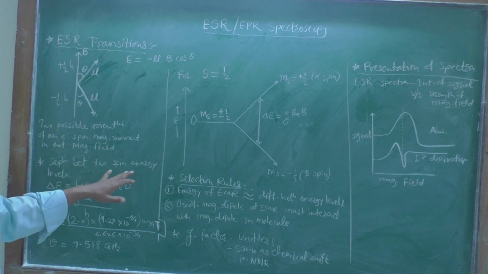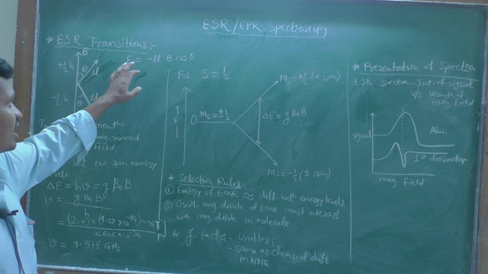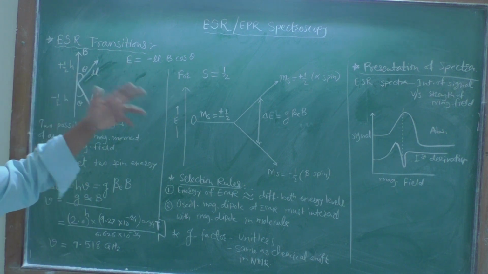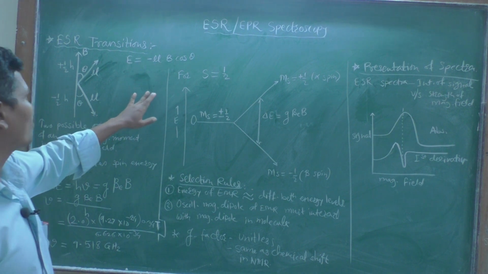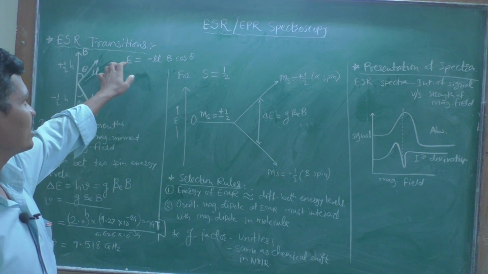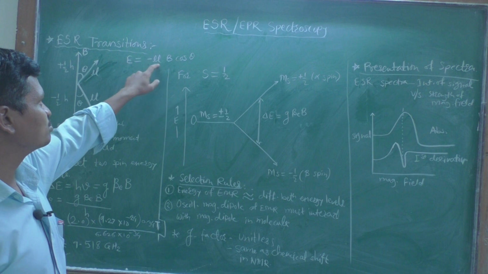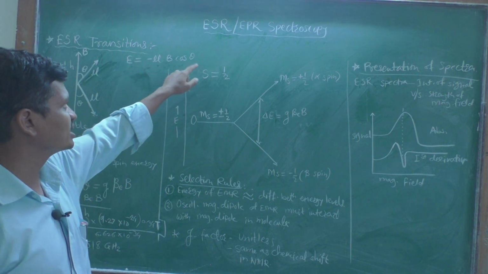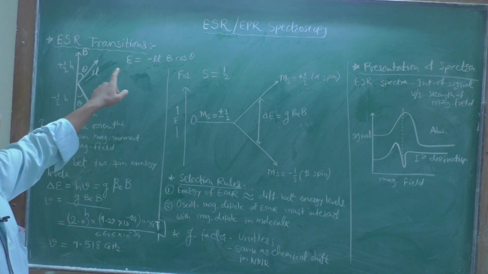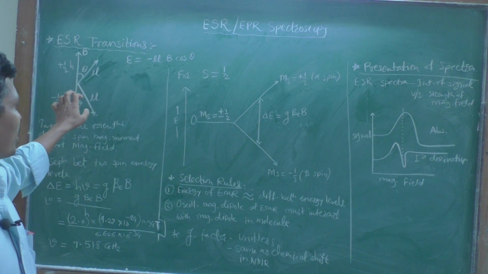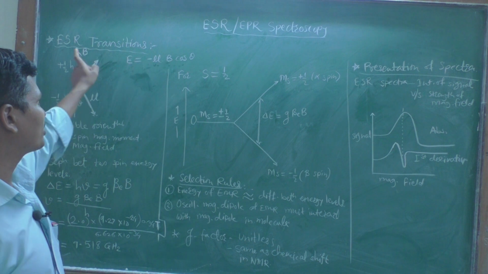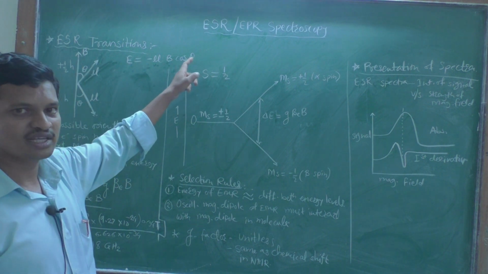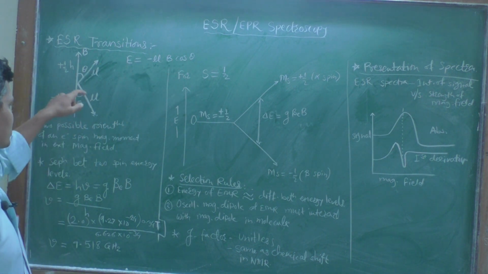The potential energy responsible for the separation between the two spin energy levels is given by E is equal to minus mu B cos theta. Here mu is the magnetic moment, B is the strength of the applied magnetic field, and theta is the angle between these two.